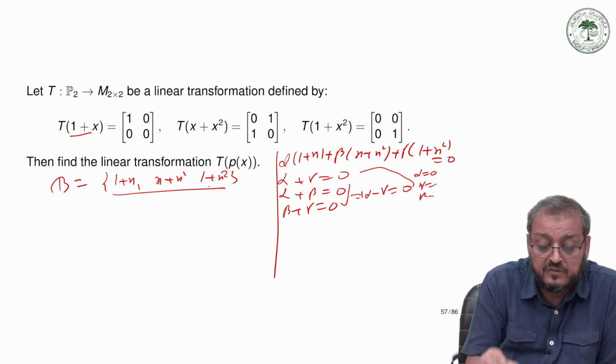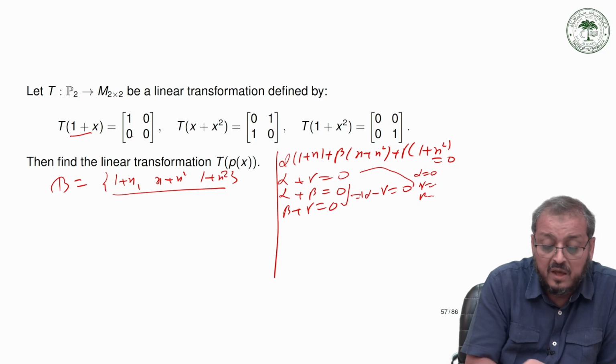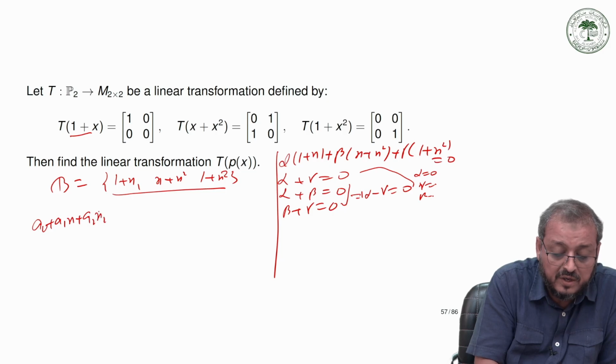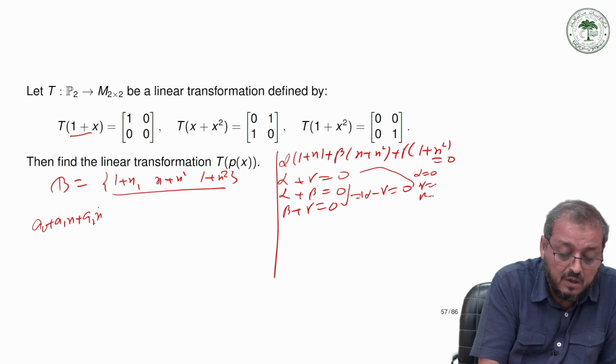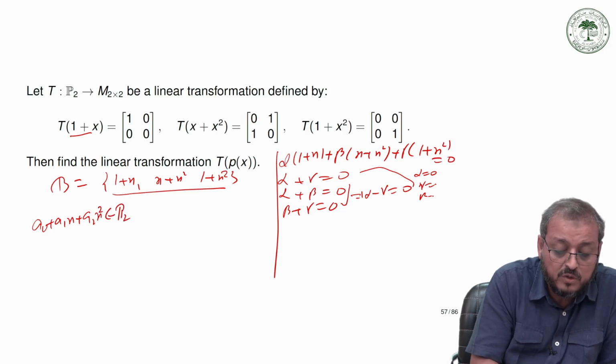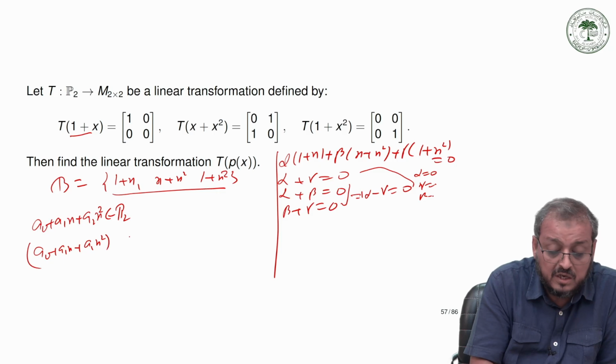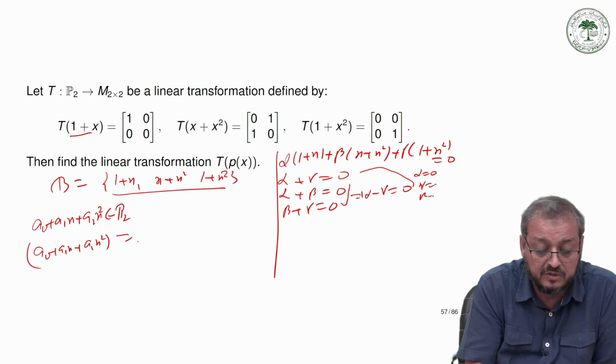So if these are the bases, that means we take any polynomial of degree 2, a0 plus a1x plus a2x square, belonging to P2, and this a0 plus a1x plus a2x square can be written as a finite linear combination of the elements of this.